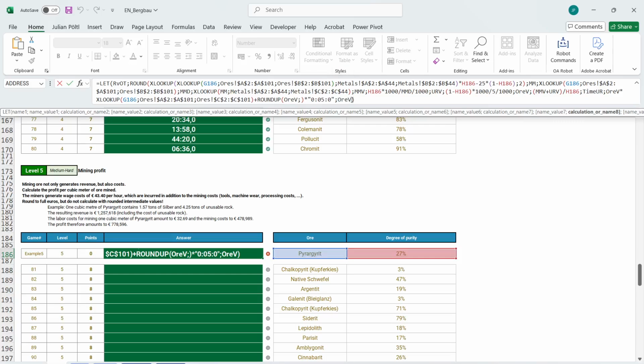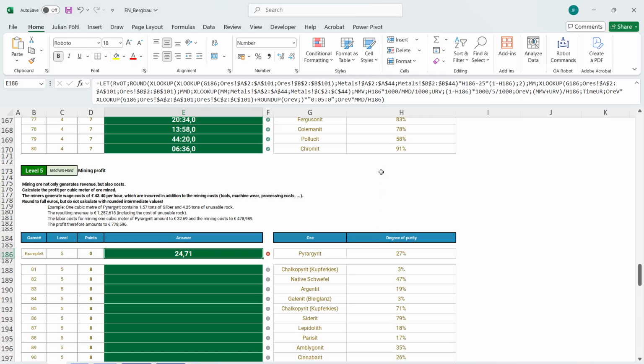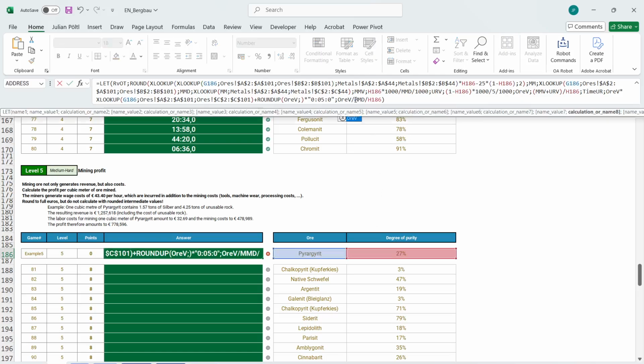Or volume 1 tm. And therefore we need to multiply with the main metal density and divide by this here. No, it's the other way around, I think.